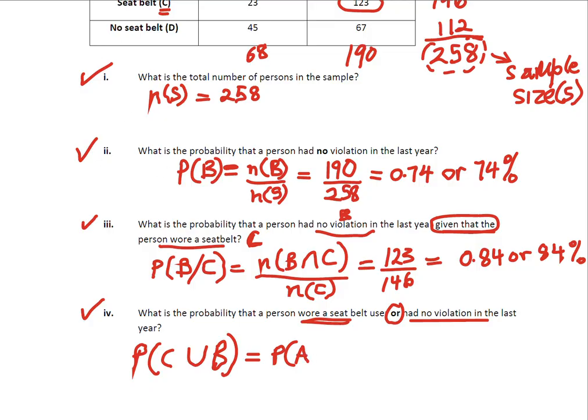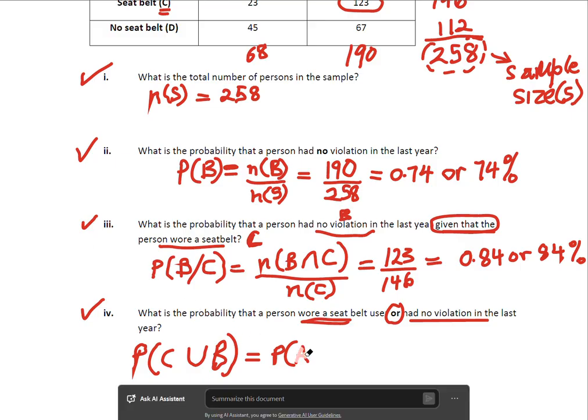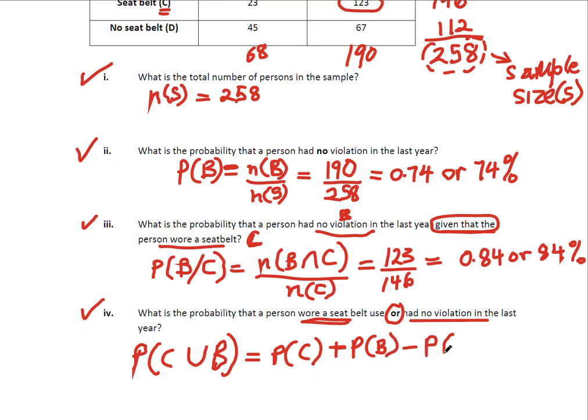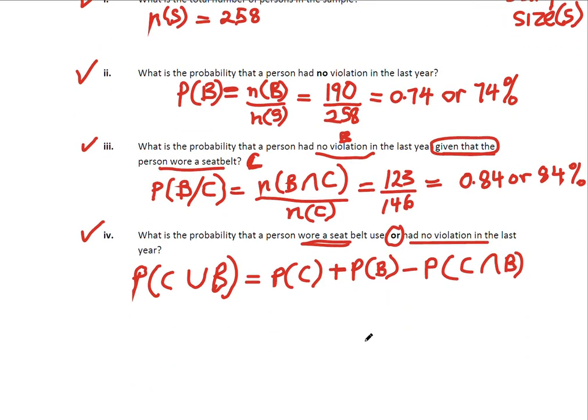The general probability formula here is going to be the probability of C, plus the probability of B, take away the probability of C intersect B. So let's fill these in now.